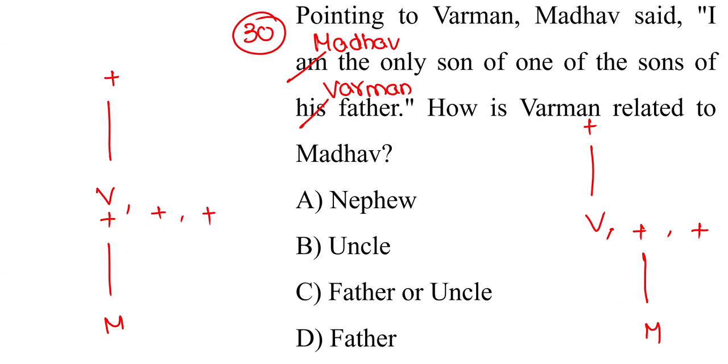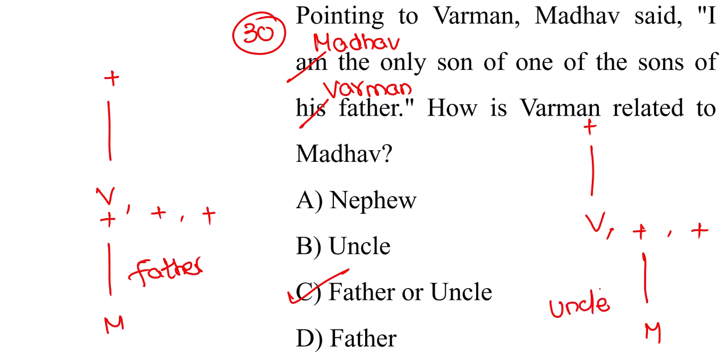For one of the sons, the son is Madhav. Read that carefully. So Varman's father, one of the sons, means it may be Varman or it can be Varman's brother. For them, the son is Madhav. Now, how is Varman related to Madhav? It can be father or uncle, as per this, father or brother, uncle.